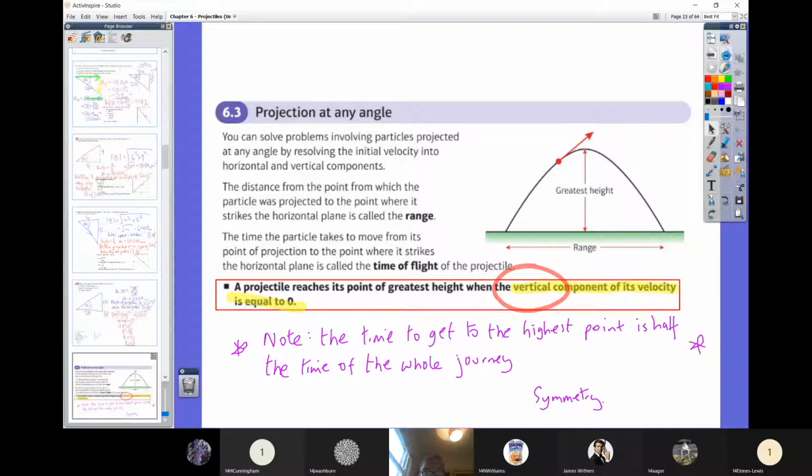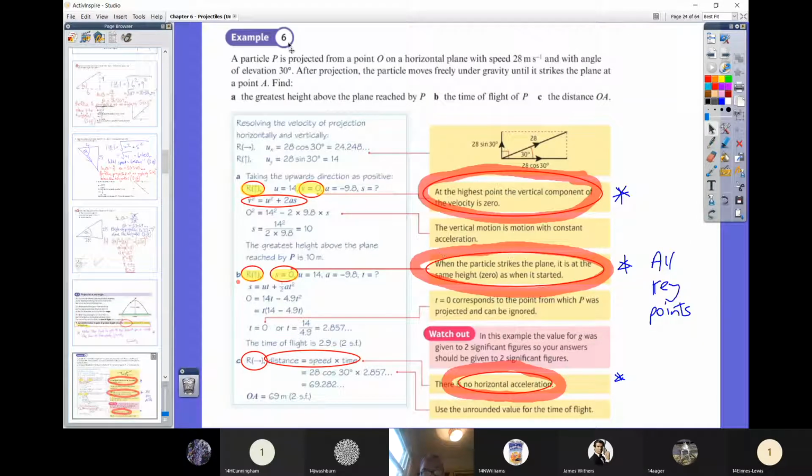Okay, so again, I just want to hook out the key points from example 6 rather than we spend ages on it. So when we're resolving vertically, as I said, at the maximum height, the velocity is 0. Another key point, from the point of view of resolving vertically: given that you start projecting it from the ground and it finishes with the ball being on the ground, your total displacement is 0.